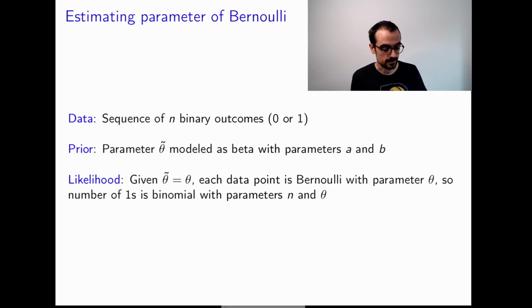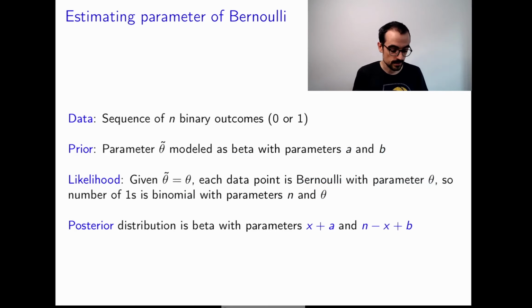We have a prior that is beta with parameters a and b. We have a likelihood, or a conditional distribution given the parameters, which is Bernoulli with parameter theta, which translates to the number of ones being binomial with parameters n and theta. If that is the case, then the posterior is just going to be beta with parameters x plus a and n minus x plus b, where x is the number of ones.